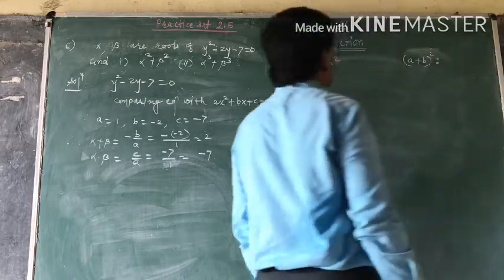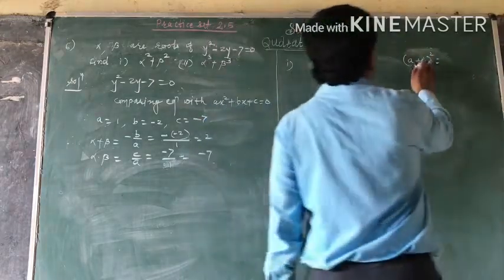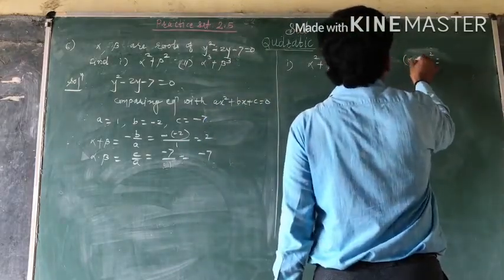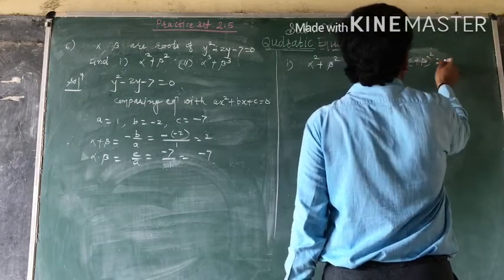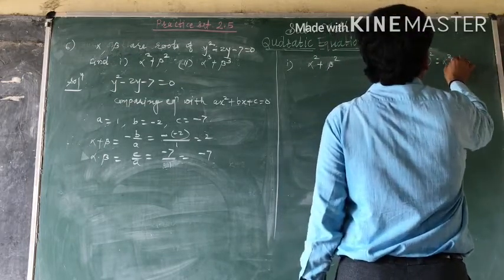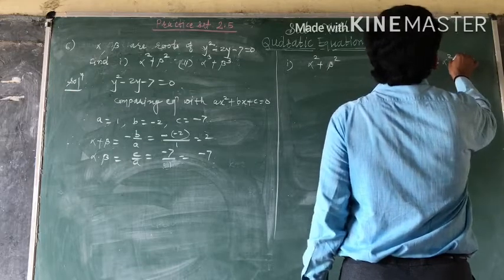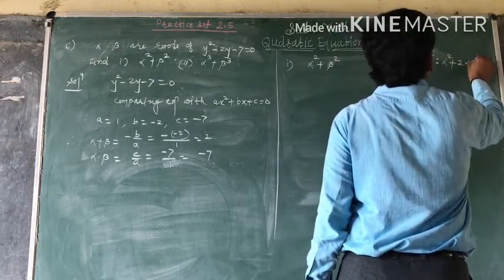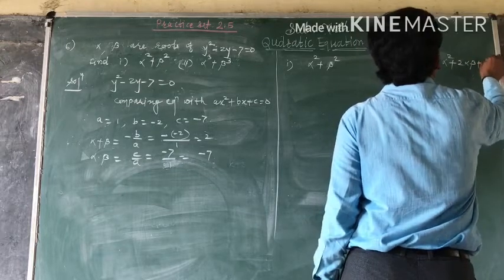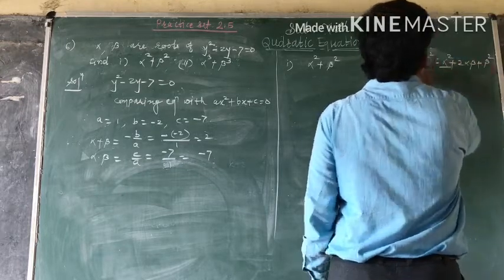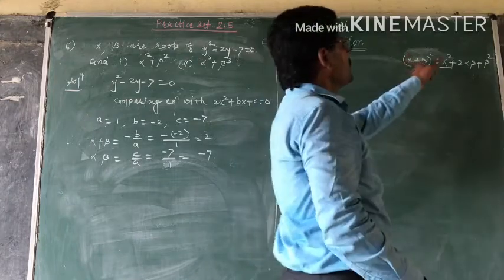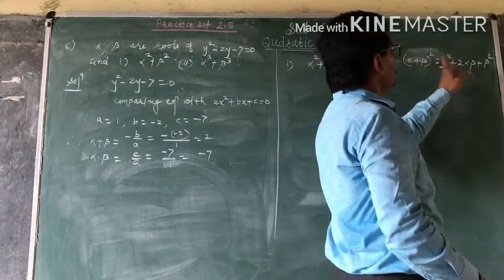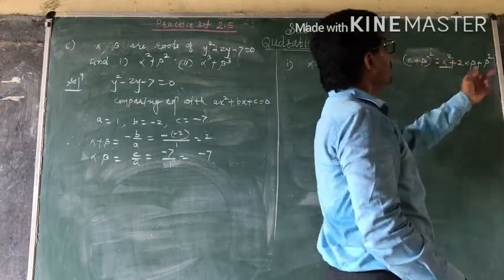If you make the complete square, alpha plus beta bracket square is equal to first term square plus 2 into first term into second term plus second term square. Now in the square of alpha plus beta, there are three terms.